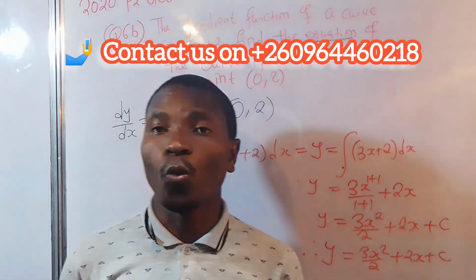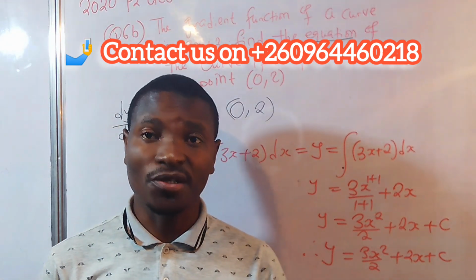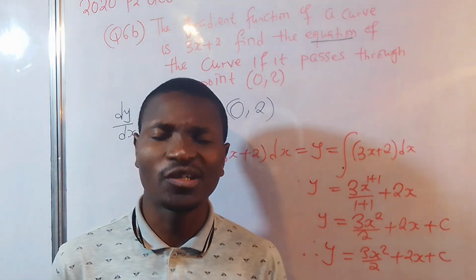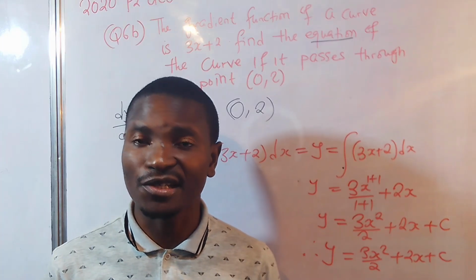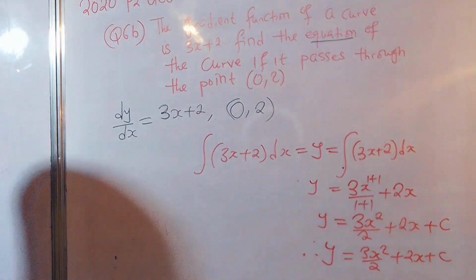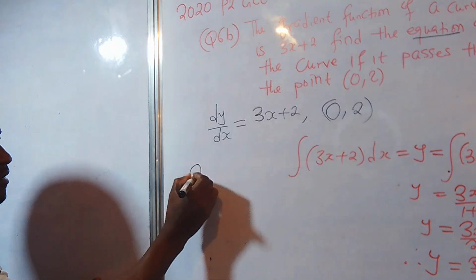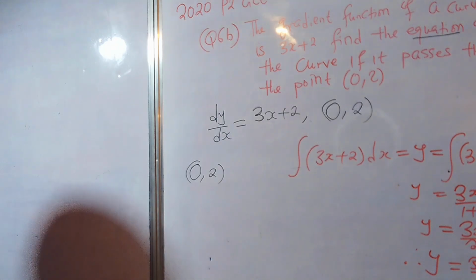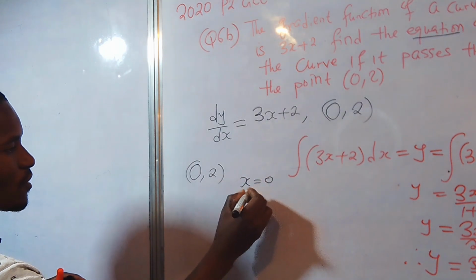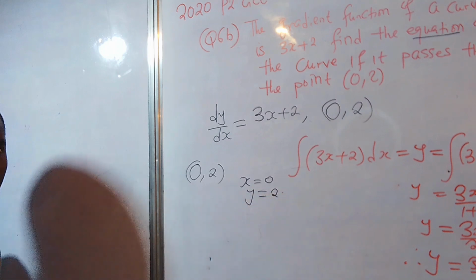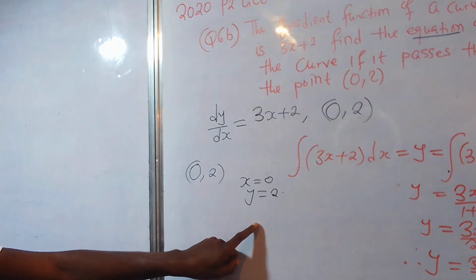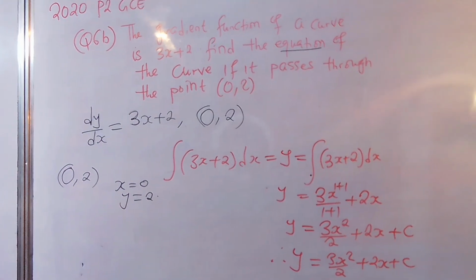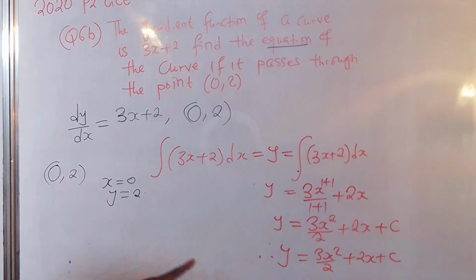Once you do this, you are almost done. What you just need to find out is the value of C. So how can we find the value of C? We know that the curve has the point x equals 0, y equals 2. We take these two values and substitute.